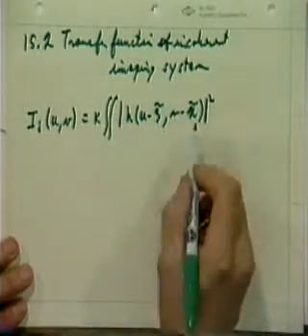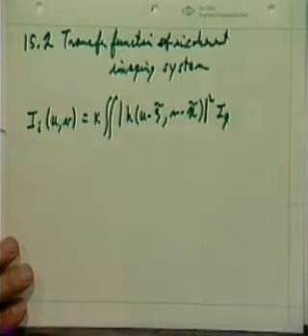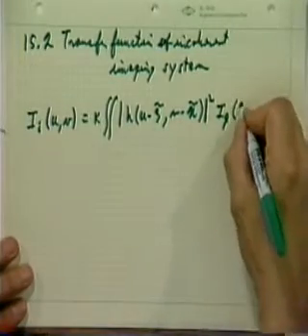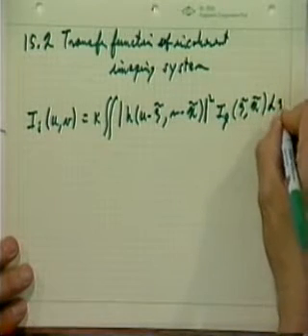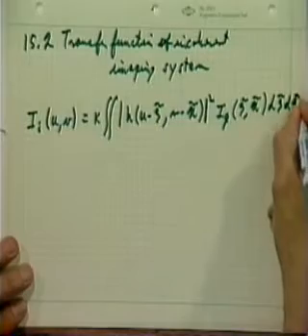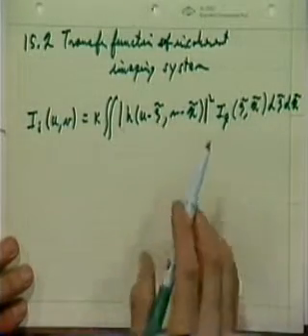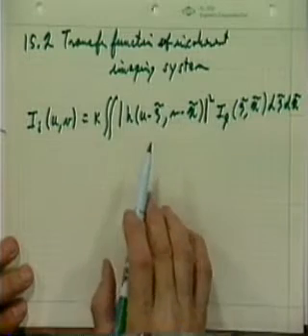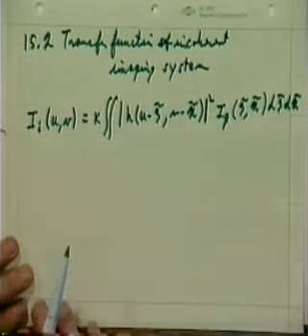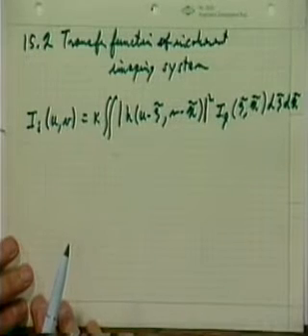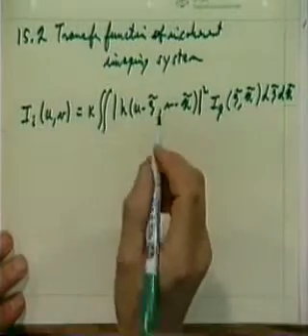So it's the intensity point spread function, and now we have the perfect geometrical image intensity. Okay, so it's a convolution with the intensity point spread function. And so now when we talk about the transfer functions, we're going to be talking about the transfer functions for the intensity distribution.